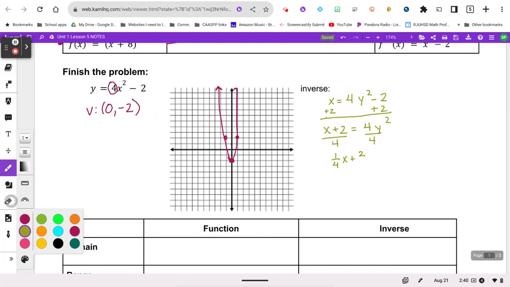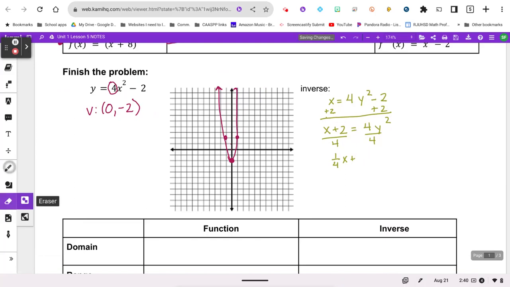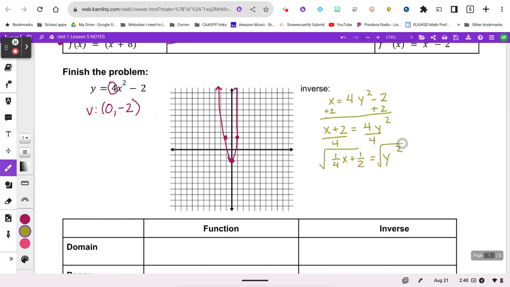And 2/4, and I think all of you should remember to simplify, should be 1/2 equals y squared. Take the square root, and remember we are restricting it, so it's just going to be the positive. I'm just going to leave out the plus minus this time because we're only using one of them.